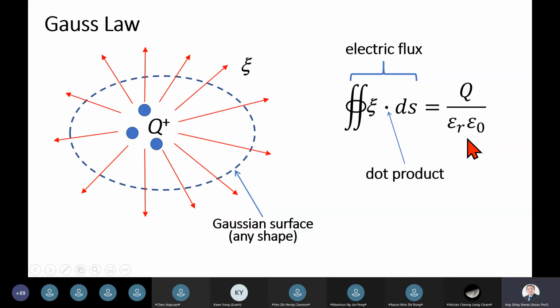It's very useful because if we know the charge and if we can draw a Gaussian surface that helps us evaluate this integral, then we can easily find the electric field due to the presence of the charges, which is what I'm going to show you next for the parallel plate capacitor.